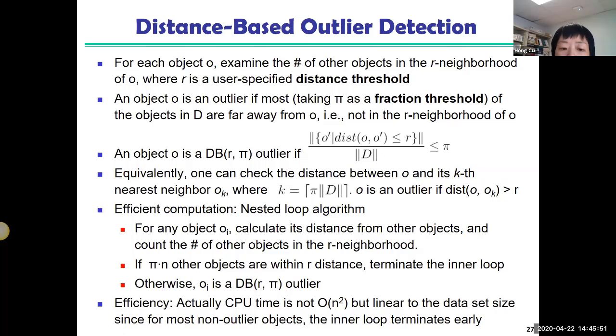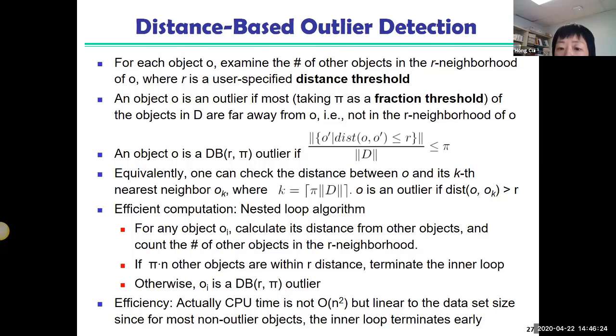Otherwise, O is an outlier. The algorithm is constructed this way because we know that the majority of the observations are not outliers. So the vast majority of the data is going to terminate in the inner loop very early. Therefore, even though we see a nested loop, which is n squared complexity, in effect this algorithm actually runs linearly. So it's quite efficient and very simple.